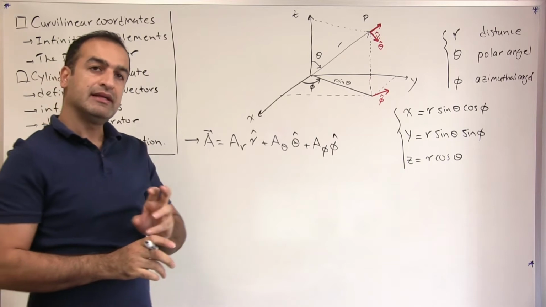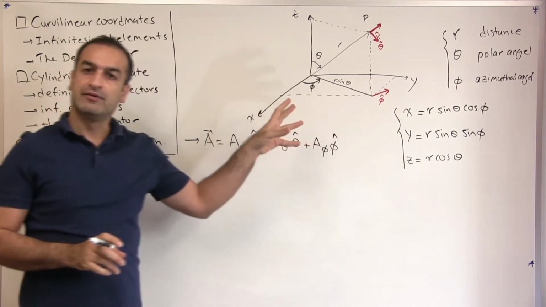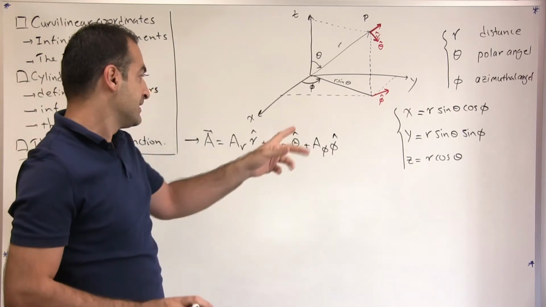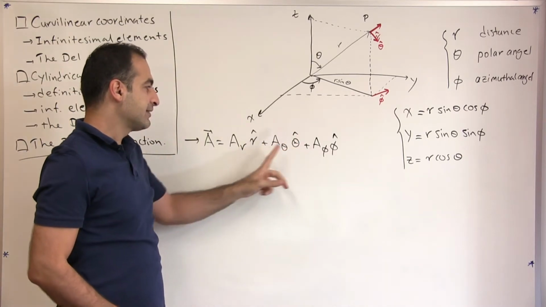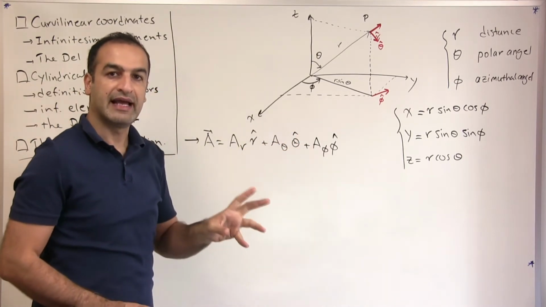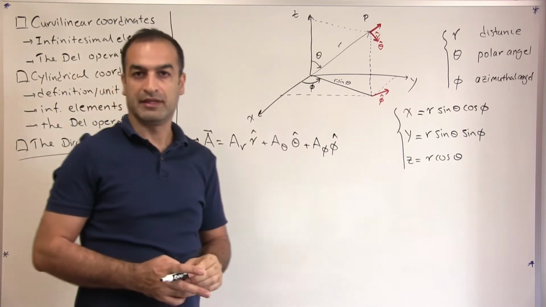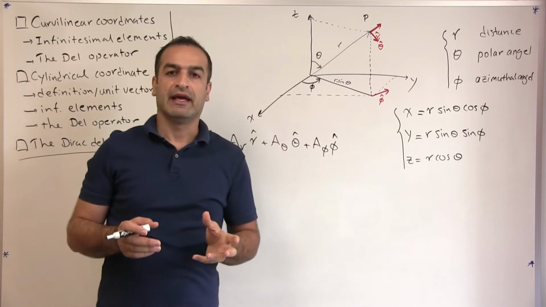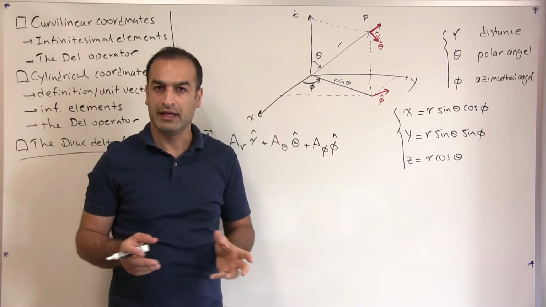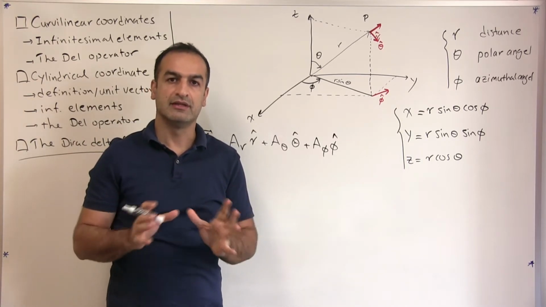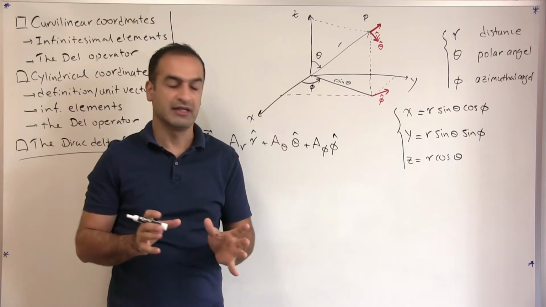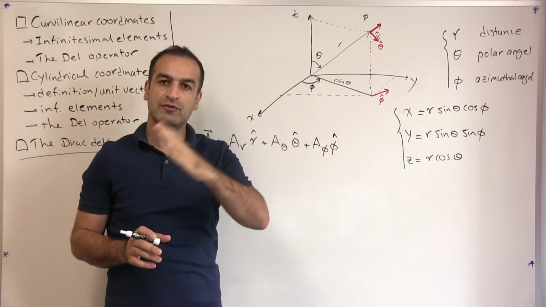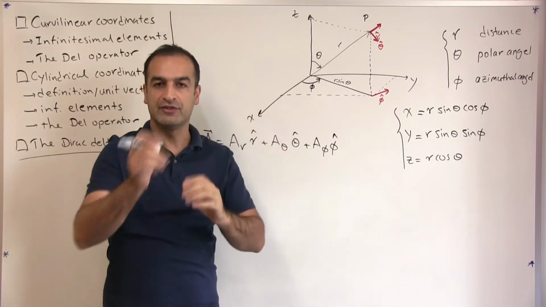Something that makes spherical coordinates a little more complicated than Cartesian coordinates is that here r hat, theta hat, and phi hat are not absolute constants, okay? In Cartesian coordinates, we had x hat, y hat, and z hat that were completely constant, never changing with position. But the unit vectors in spherical coordinates move and change as you change your point.